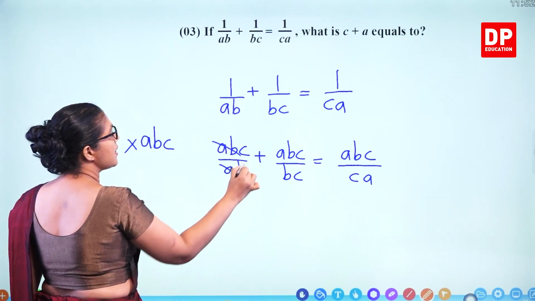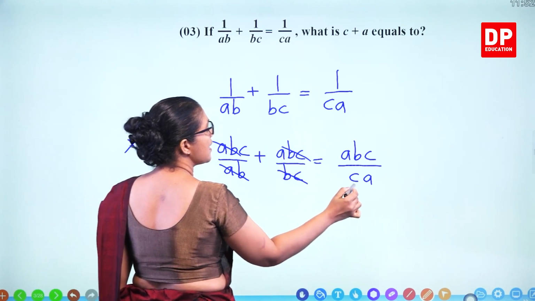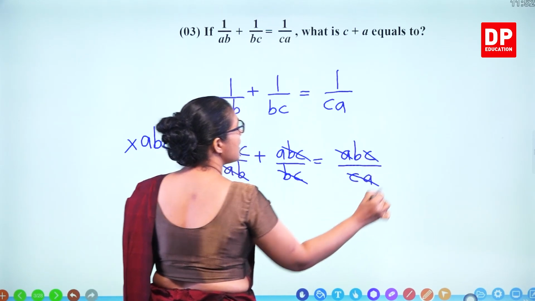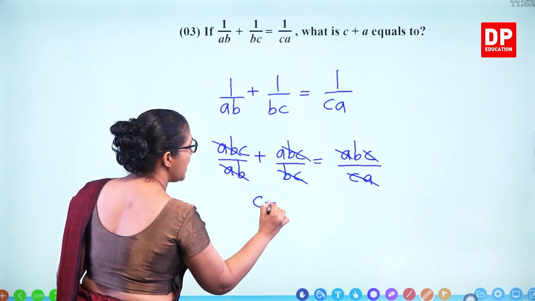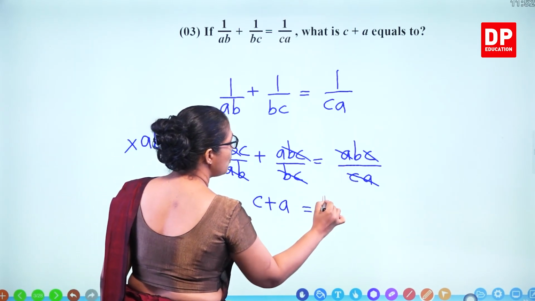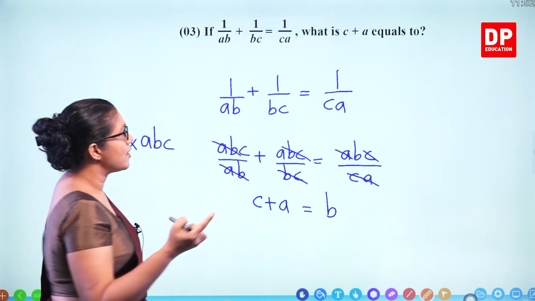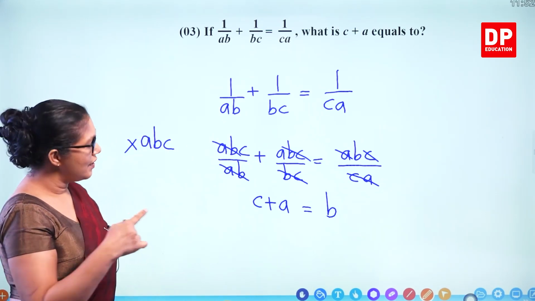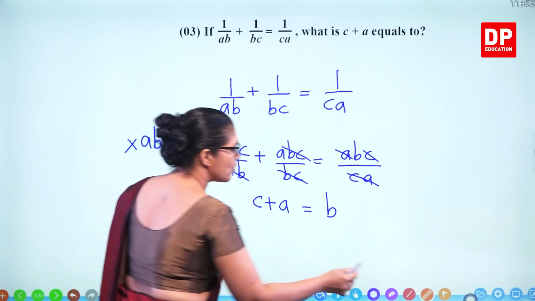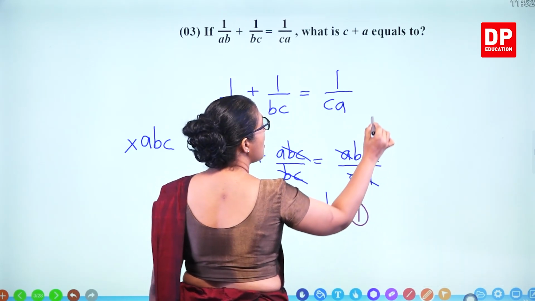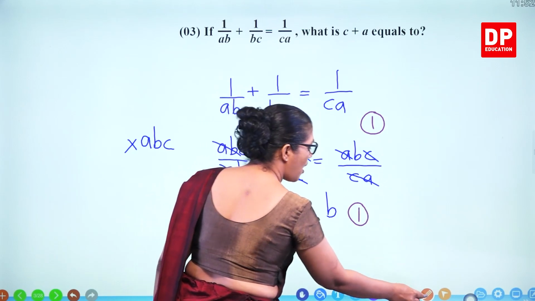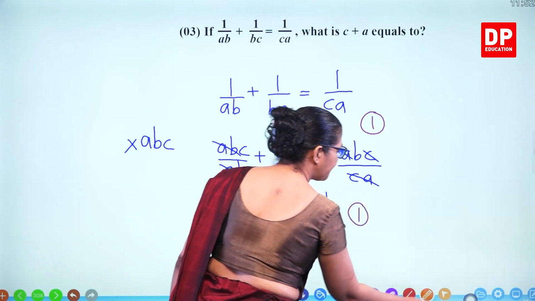AB cancels out, BC cancels out and CA cancels out. What's remaining? C plus A is equal to B. They are asking what C plus A equals, that's B. So you get 2 marks: 1 mark for the answer and 1 mark for the method.